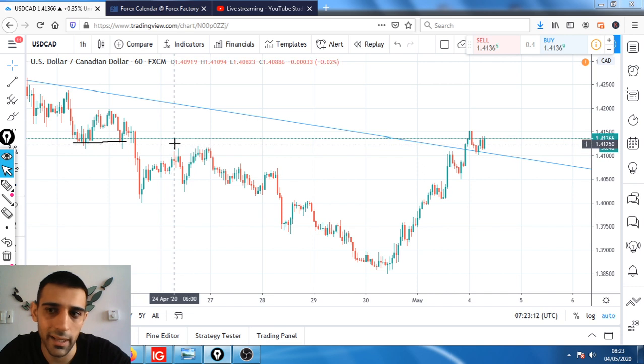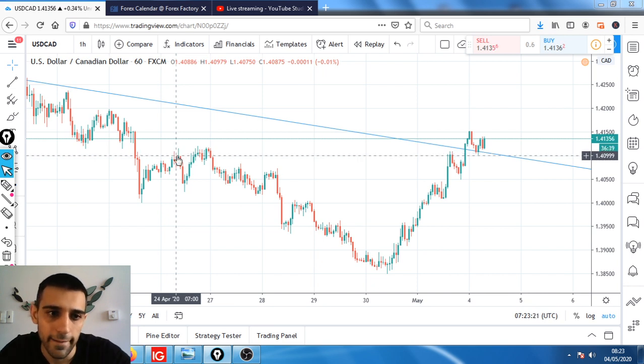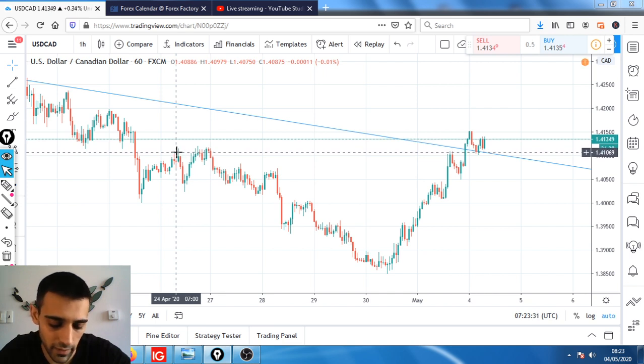So 141.30 is the entry, and the stop loss, okay, so two potential stop losses. The first one is at 141.05, which gives what, a 25 pip stop loss.